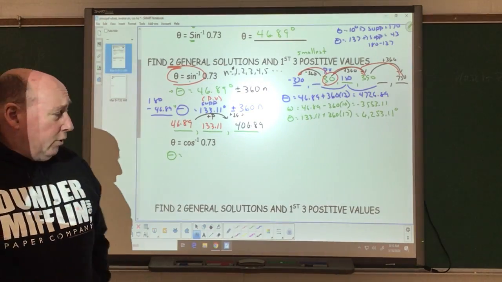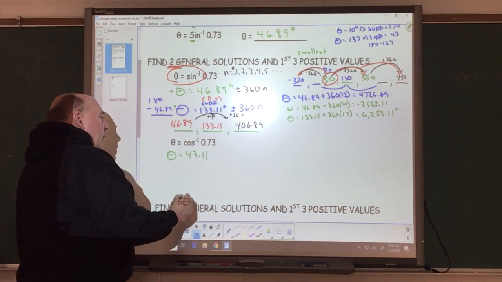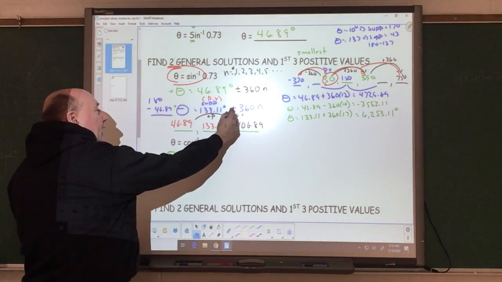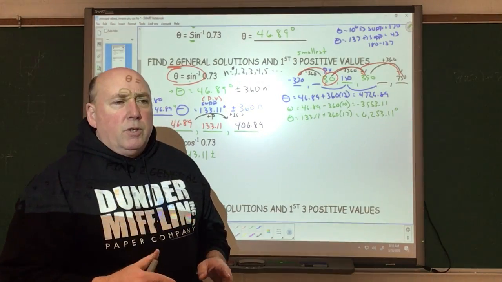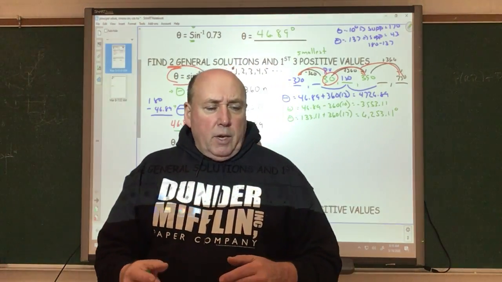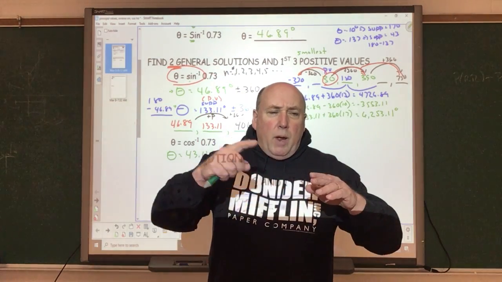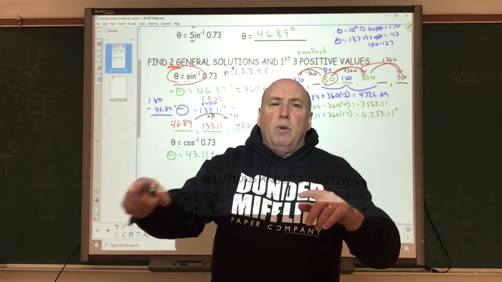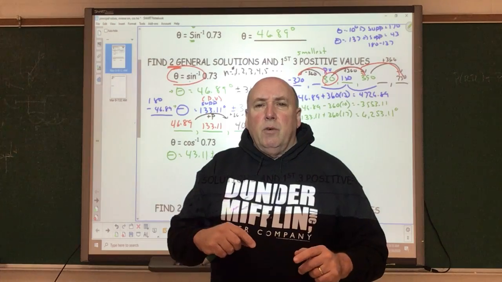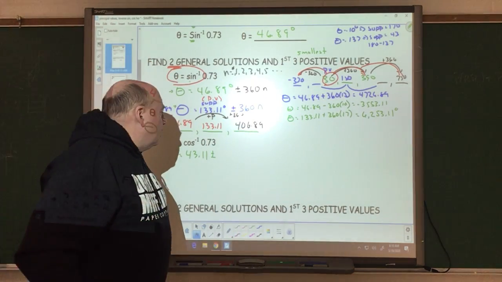And we get 43.11. Okay, and we're going to do the exact same thing here with the general formulas, because if we flip to our notes from yesterday, when we were just dealing with the graphs, to go every other one, we just had to add 360 or subtract 360 degrees. So we're still going to add or subtract the 360n.